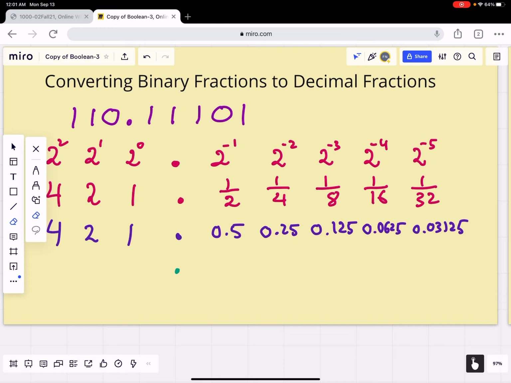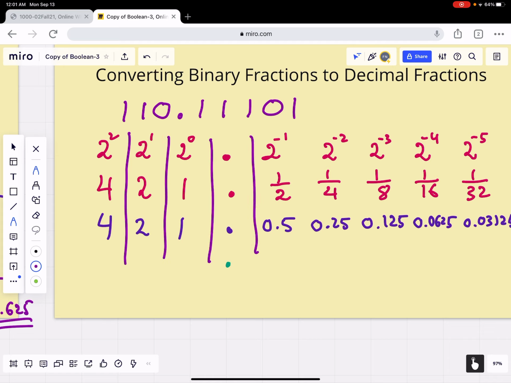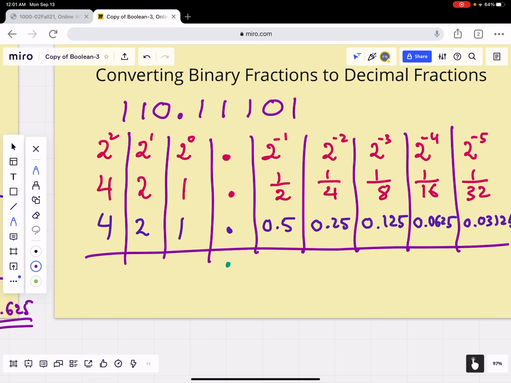Okay, so then I line them up correctly. Make sure that you got 3 numbers. I'm going to separate it by a line so it's easy to see together. All right, so I line them up together.